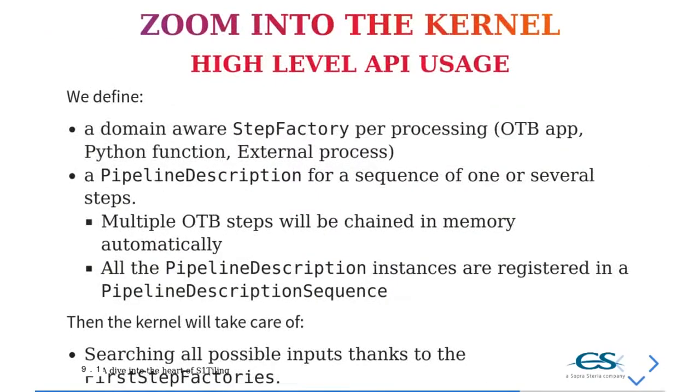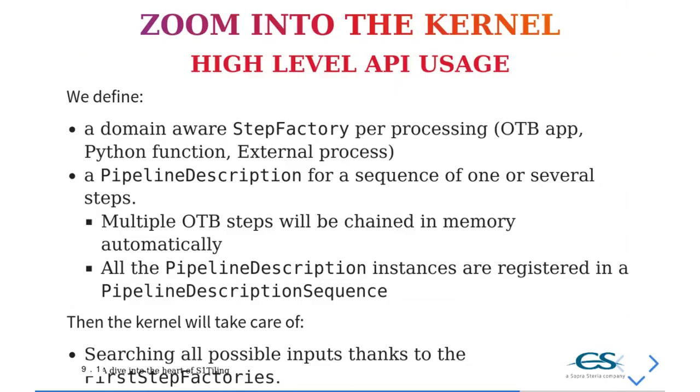So just in order to summarize how it works, we will have domain-aware step factories. This could be OTB applications, Python functions, external processes. We will sequence all these step factories in a pipeline description.